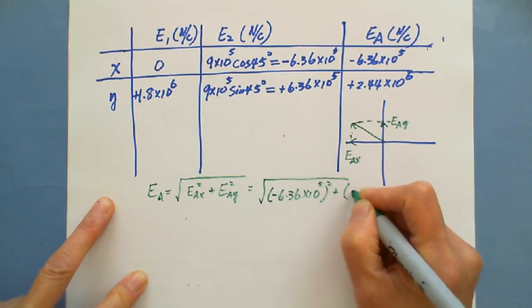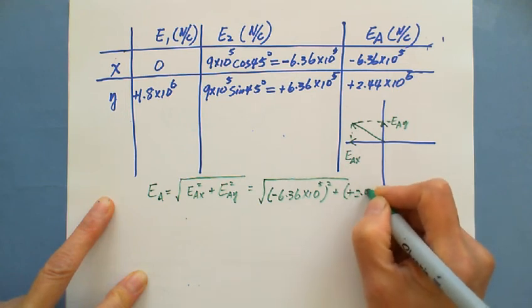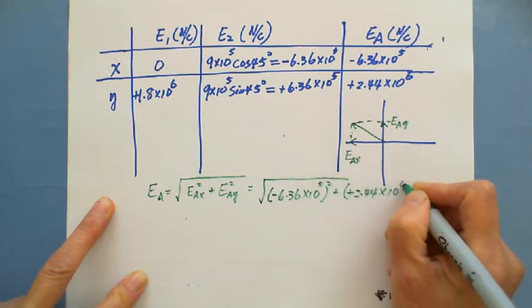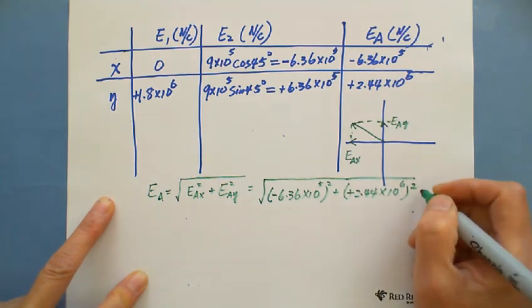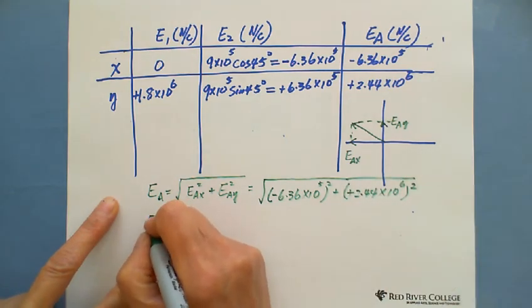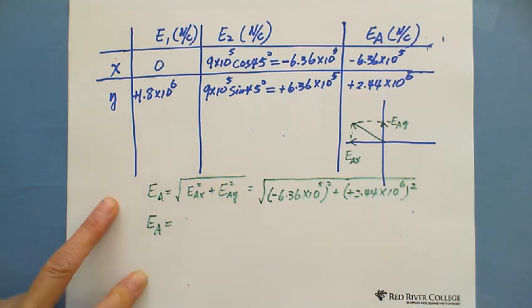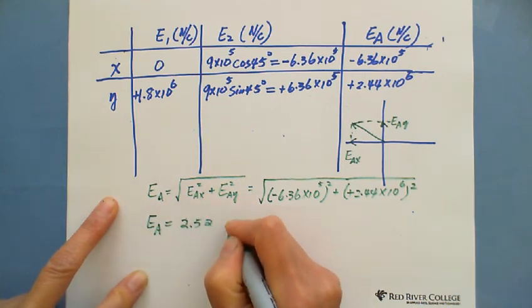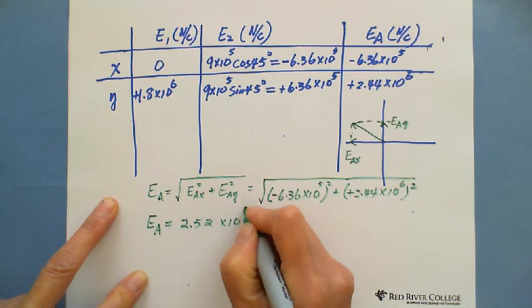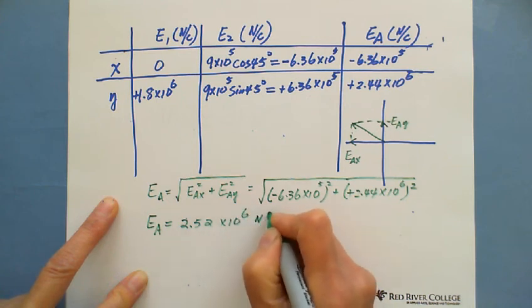And this one is positive 2.44 times 10 to the 6 exponent squared. Finally, we got the answer EA: 2.52 times 10 to the 6 exponent Newton per coulomb.